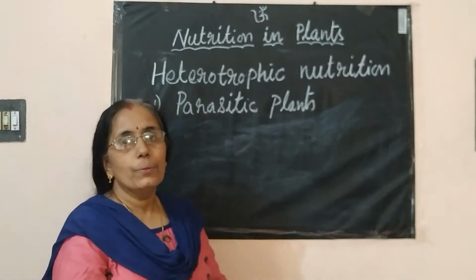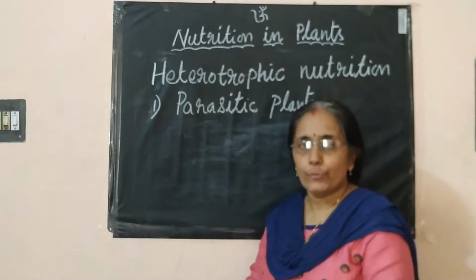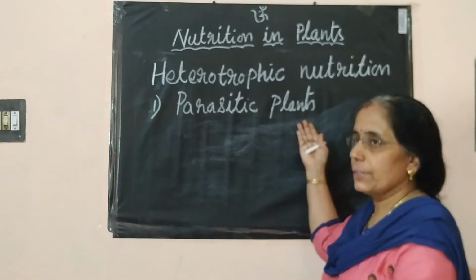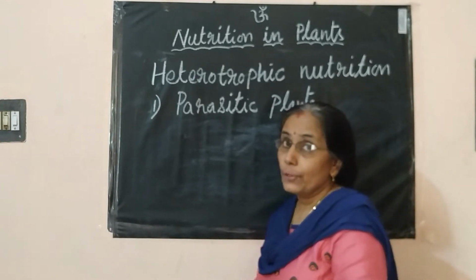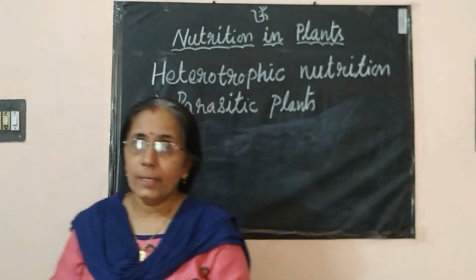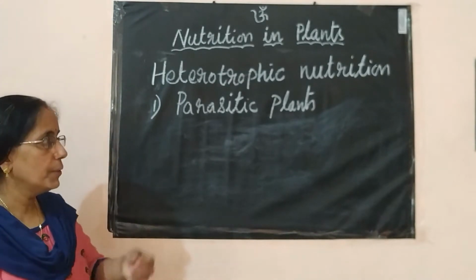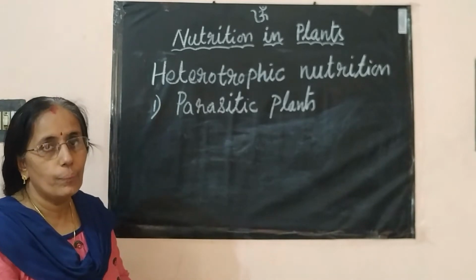Students, do you know some plants depend on other plants for food and water? Such plants are known as parasitic plants. They do not have chlorophyll and they do not make their own food. They have some special roots that penetrate into the plants on which they grow.